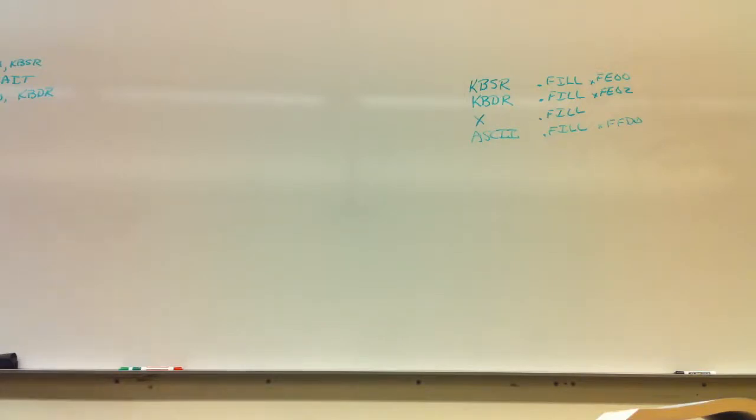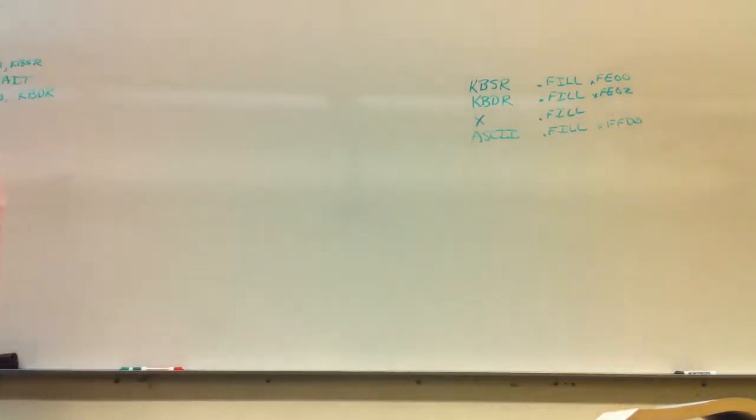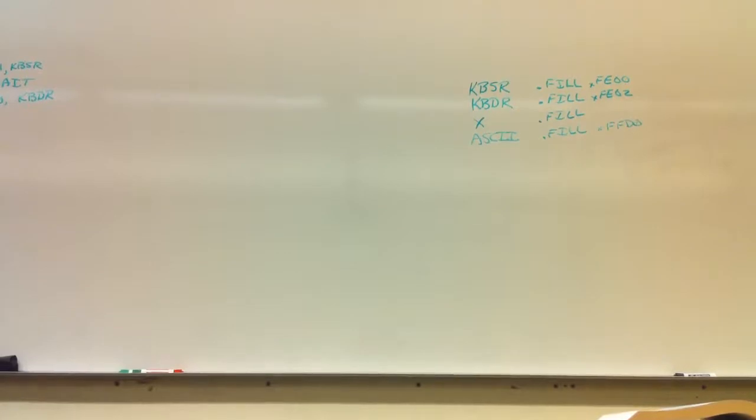Now then, the way we were doing it, we did a check to see if this thing was a carriage return, an enter key, which we did by getting the ASCII value for the carriage return.